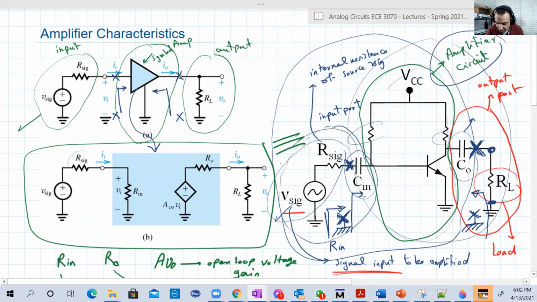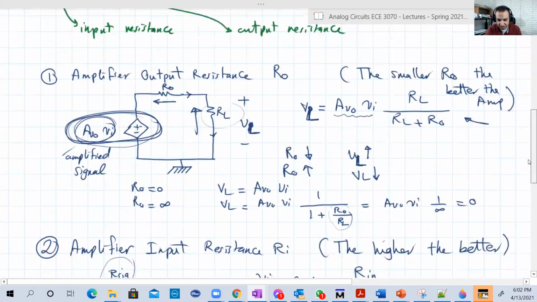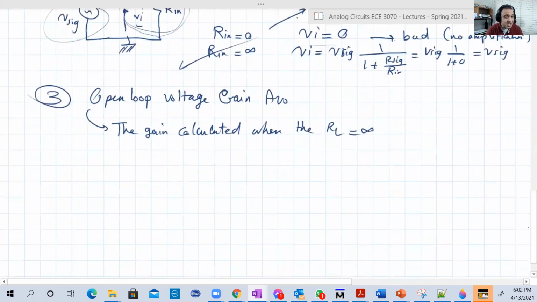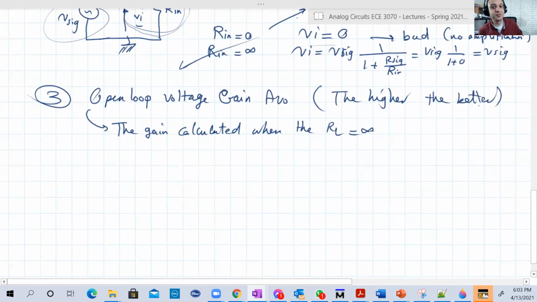It doesn't depend on our signal or V signal, or on our load. That's what I meant by intrinsic. And that's really easy to answer here. Do we want AV naught to be big or small? Of course, we want it to be big. So the higher, the better, for sure. That's basically the function of the amplifier circuit, to have amplification.